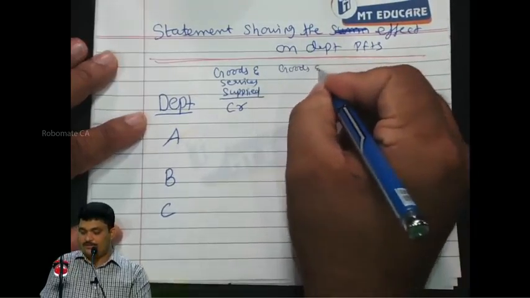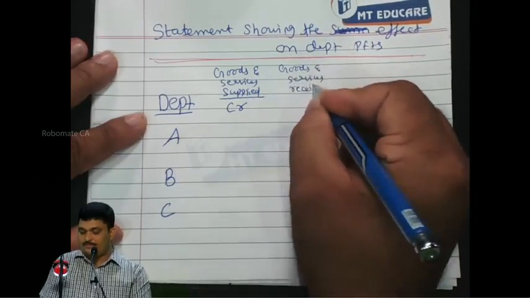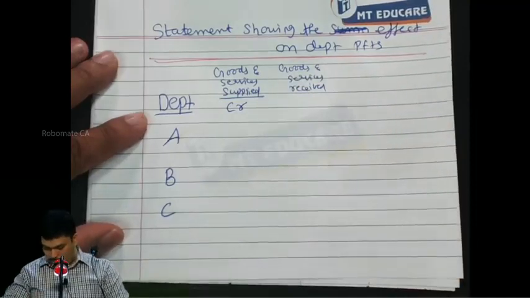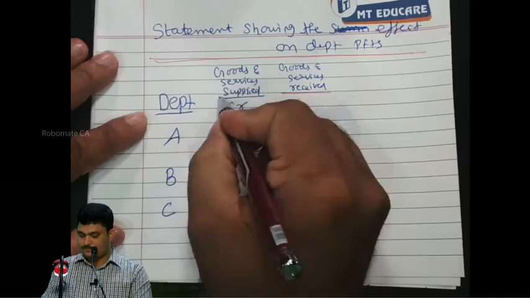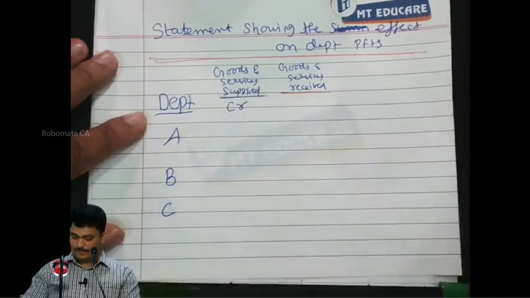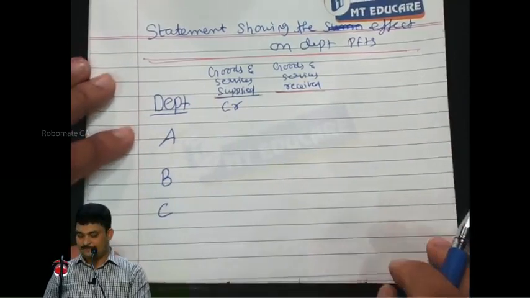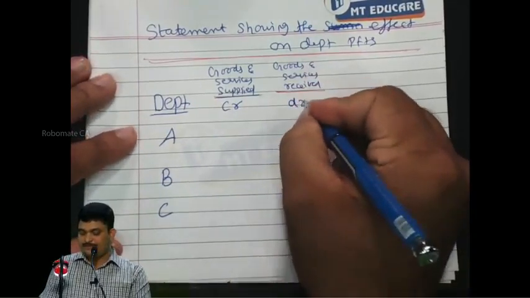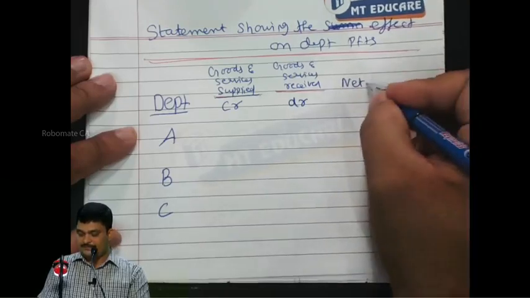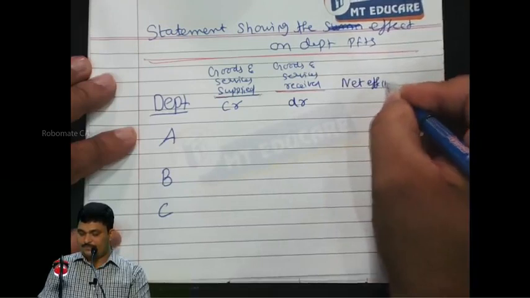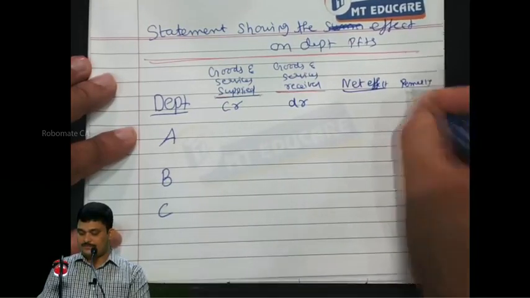Goods and services received, debit. Net effect. Remarks.